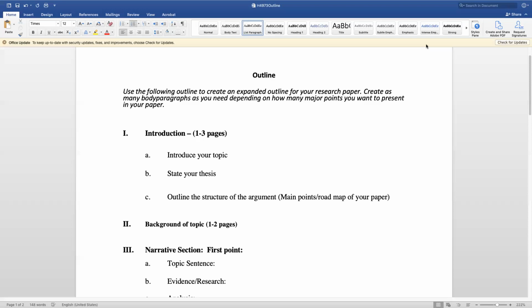What we call a roadmap. You'll say something like, as this paper will show, and in outlining the structure of your argument, it can be basically an extension of, I'm arguing this in my paper, and this is what I'll show in the paper.